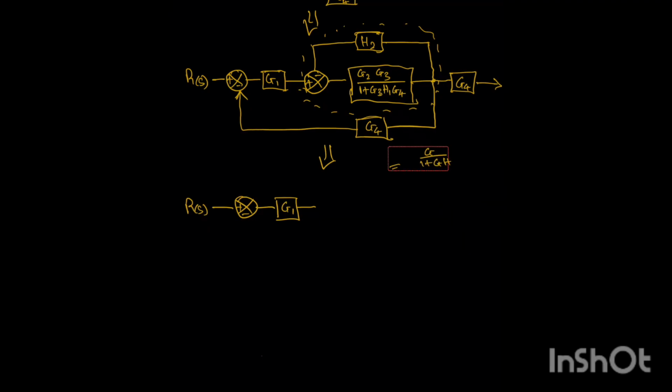So we want to resolve this particular loop now. So what we'll be having is G2 G3 all over 1 plus G3 G4 H1 all over 1 plus H2 G2 G3 all over 1 plus G3 G4 H1.